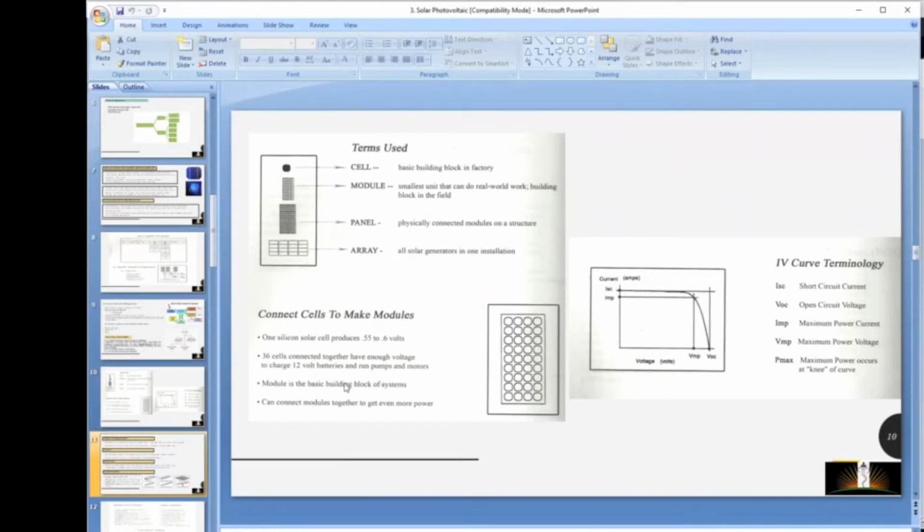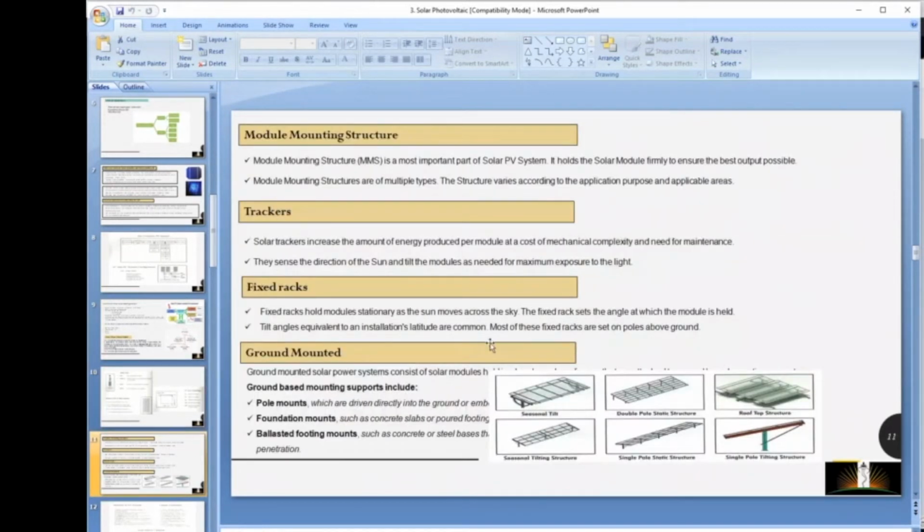Coming to the next topic, we need to understand the basic types of system, because we can't put a solar system anywhere, right? Though it is not a part of your PVC system design, it's obviously a part of a design. For the tilt angle in PVC, we put the tilt and the azimuth angle directly, right?